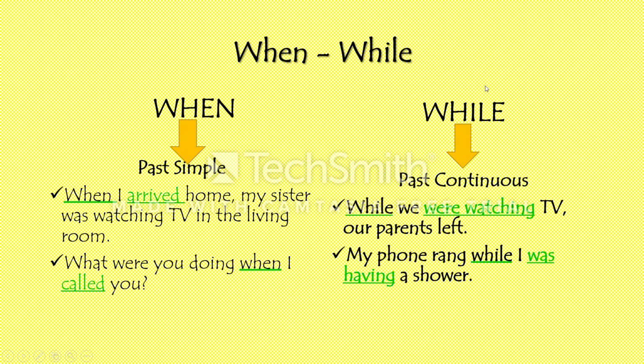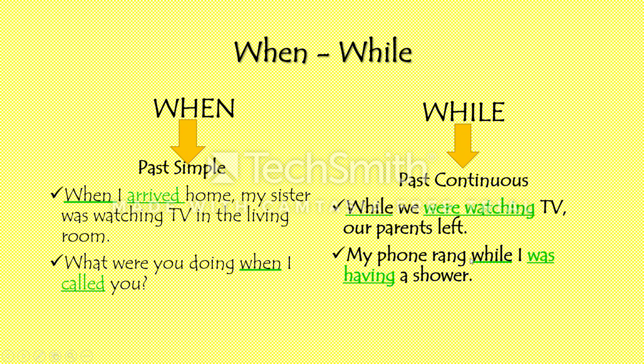But when we are talking about the word while, after while you should use past continuous tense. While we were watching TV, our parents left. You see, after while we use past continuous, and in the other part of the sentence you can use simple past.